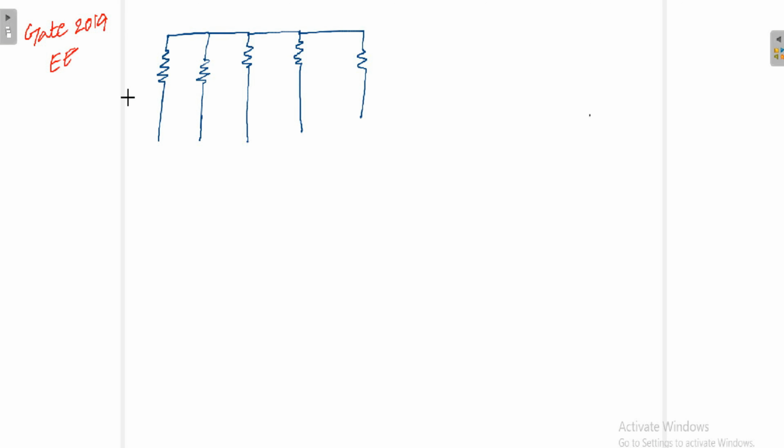They have given a circuit with one resistor over here, one more resistor, one more resistor, one more resistor, one more resistor, and they have connected some sources, some positive, some negative, some positive.